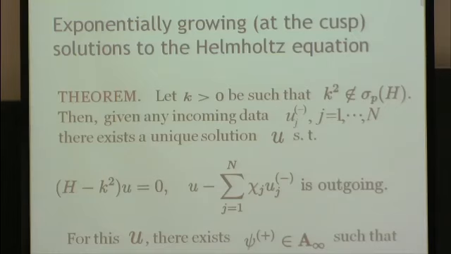Now, the theorem is as follows. You are given exponentially growing data, then you can find a unique solution to the Schrödinger equation which is exponentially growing at this cusp, however, which behaves like the usual physical solution at a regular infinity.